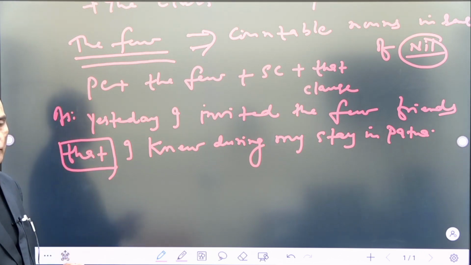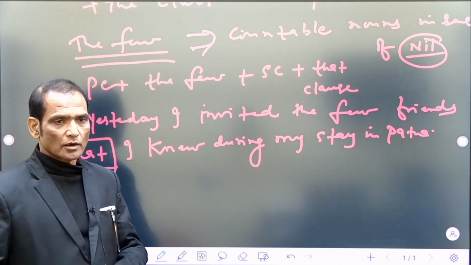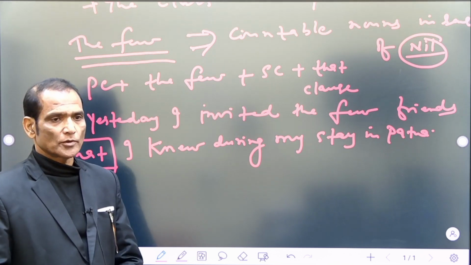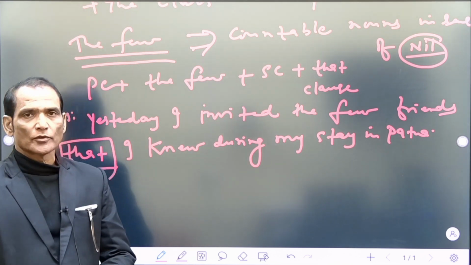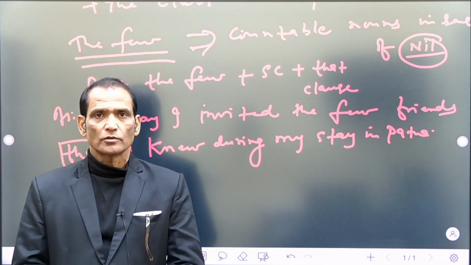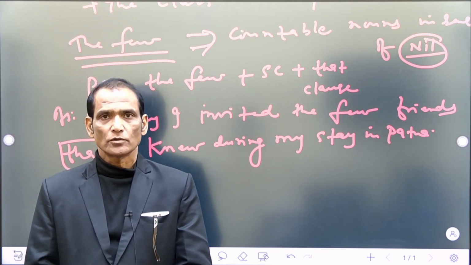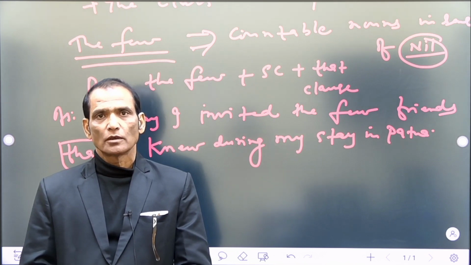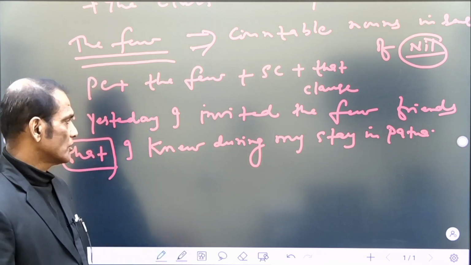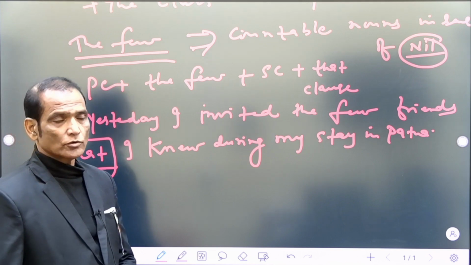So as you have cared for little, a little and the little, in the same way you have to care for few, a few, the few. But the difference is that little, a little and the little are used with uncountable nouns, and few, a few and the few are used with countable nouns. So these are the mere difference between little and few. That should be known to you.